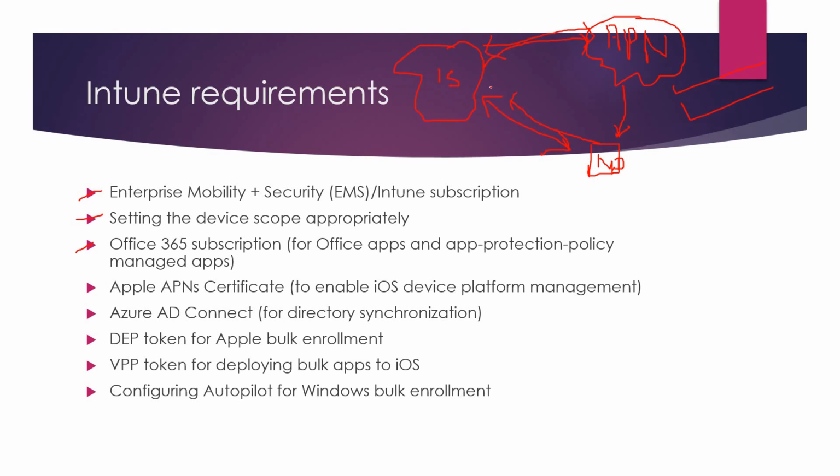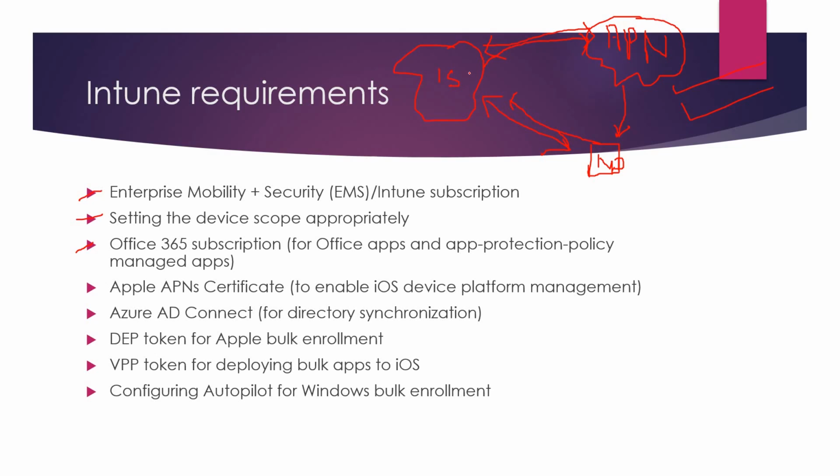So there is a file which we download from Intune service, called a CSR, and upload to the Apple portal, and then there is a certificate which we get from the Apple Business Manager portal, and we upload it in the Intune service, called a PEM file. Once we do that, then the Intune service trusts the APN, and the APN trusts the Intune service. And then that two-way handshake is done, and they both start trusting each other.